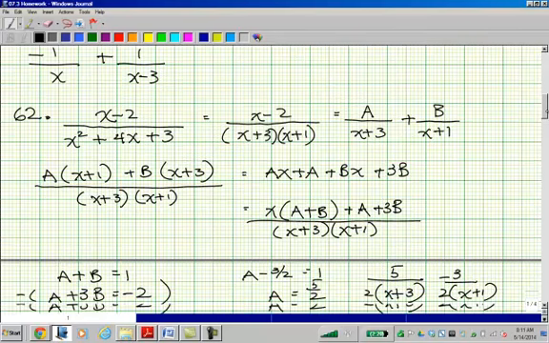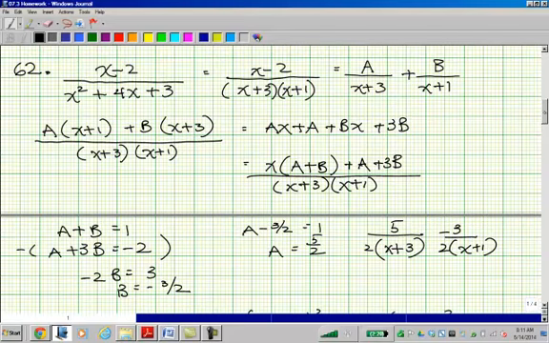And we're left with a plus b as the coefficient of x, which equals 1, and a plus 3b equals negative 2.